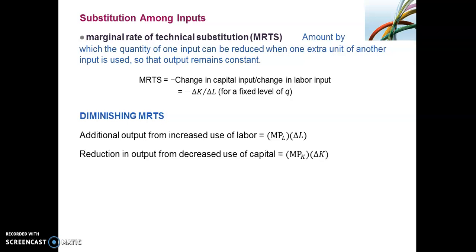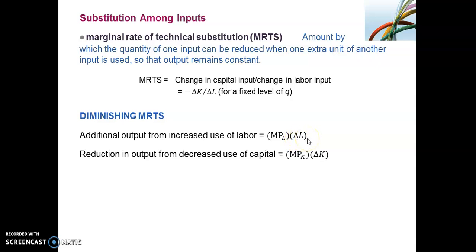Okay, so as you move along your isoquant, as you use more labor, there's this increased use of labor. So a positive change in labor, that means there's going to be some additional output. So that MPL stands for your marginal product of labor. That is the additional output you are going to get for those extra units of labor that is being used.